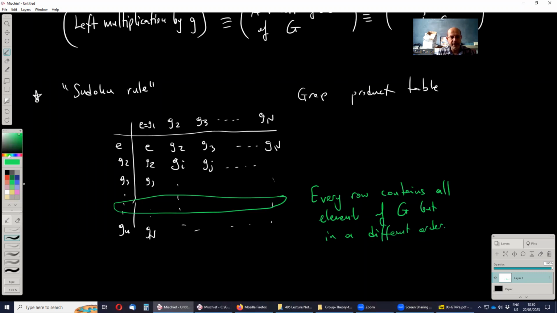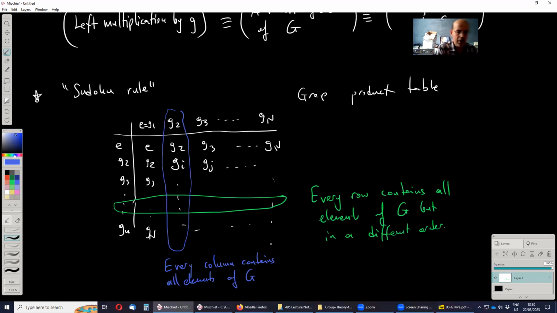Similarly for the columns. If you take this column, or any other column, that's also true for every column. It contains all elements of G, but again the order just differs. You can think of it like this. The analogy to a permutation, I'm going to talk about later.